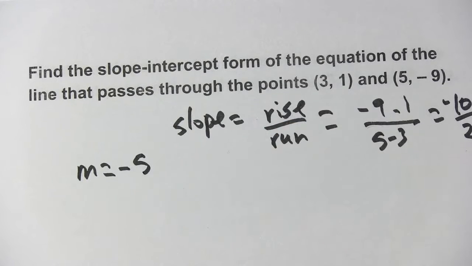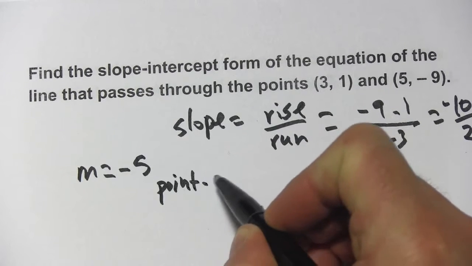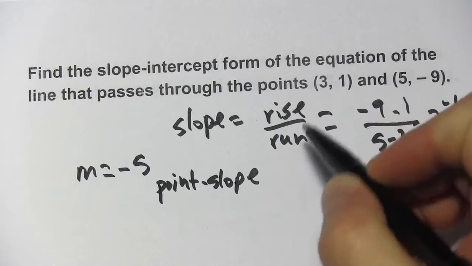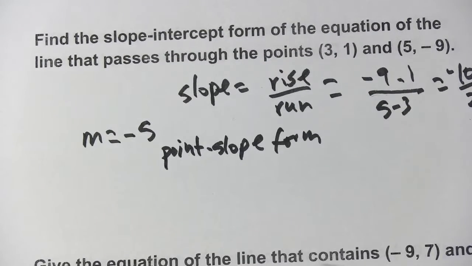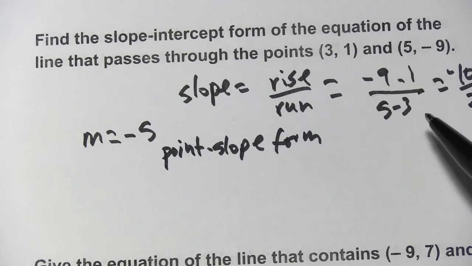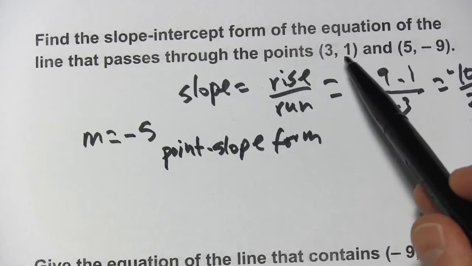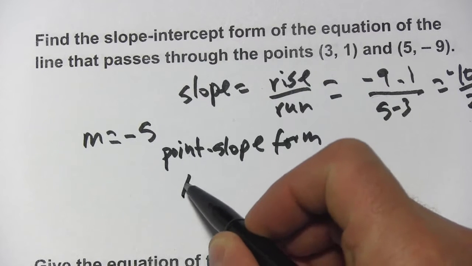M equals negative 5. Now, what we need to do is use something called the point-slope form. This form will give you the equation of a line if you have the slope and you have a point that's anywhere on the line. We've got 2 points on the line, so let's just use this 1, 3, 1. The point-slope form looks like this.